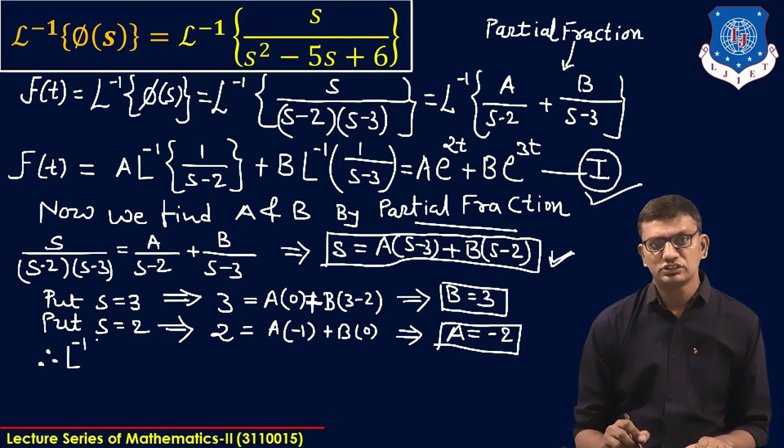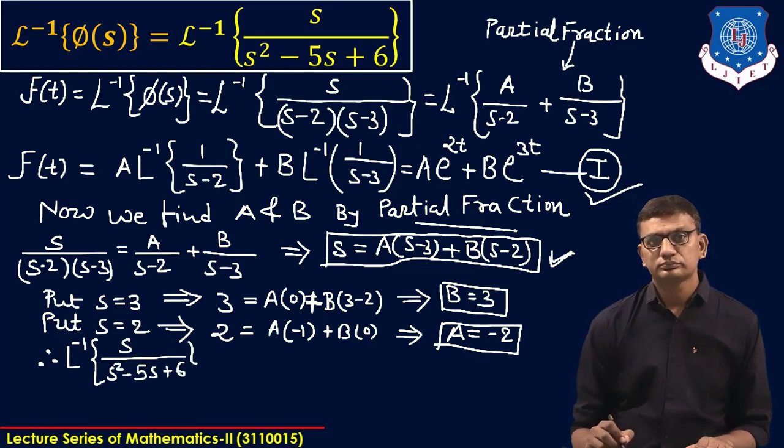Therefore L inverse of s upon s square minus 5s plus 6 equals a e raised to 2t plus b e raised to 3t.